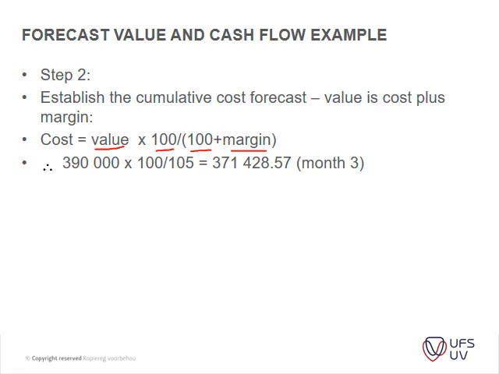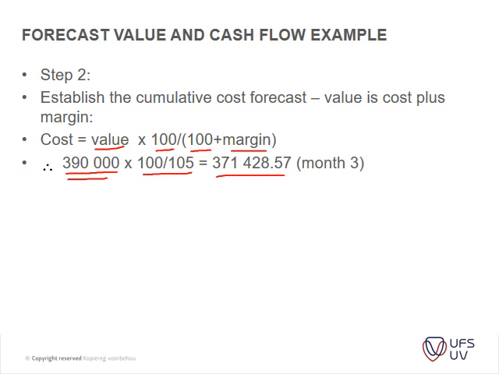So for instance, if you've done 390,000 rand worth of work, your actual cost to be able to have done that work is 370,000. So this is your cost on the project. Okay, very simple. So it's basically your expenditure. You're making 5% profit on the amount that is done for that month.